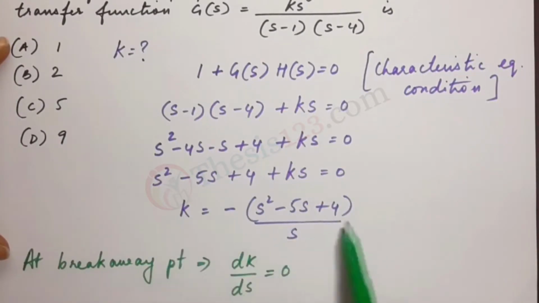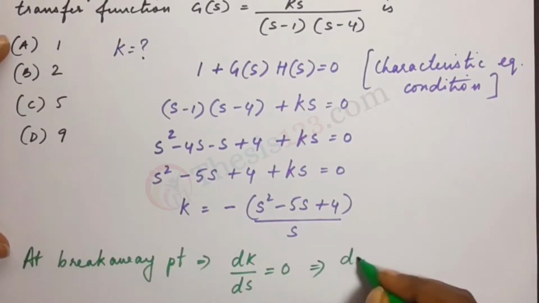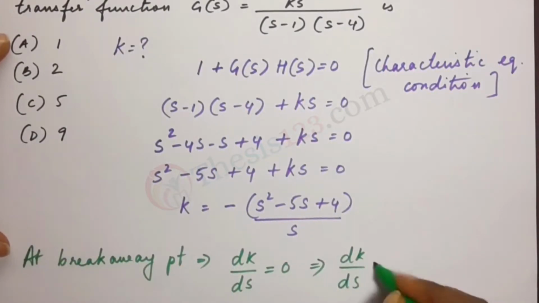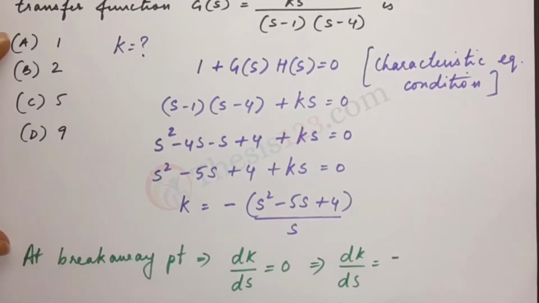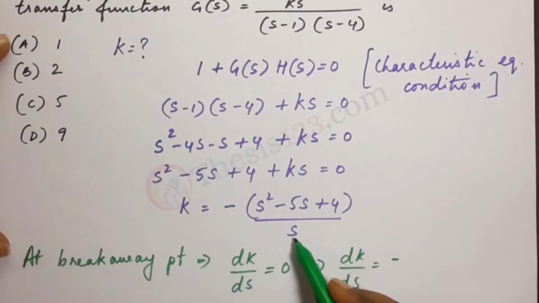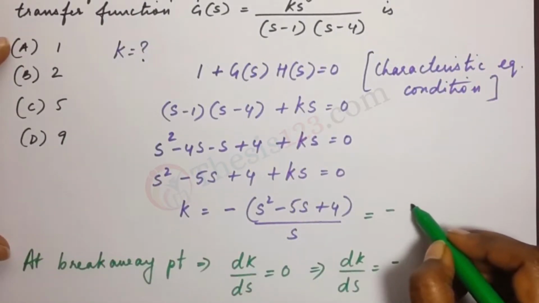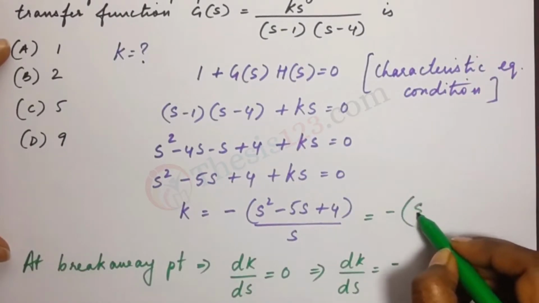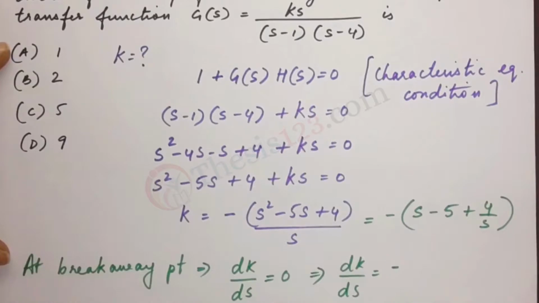If we differentiate this expression, dK/ds would be equal to minus of, if we divide by s here, we can write the expression as s - 5 + 4/s.